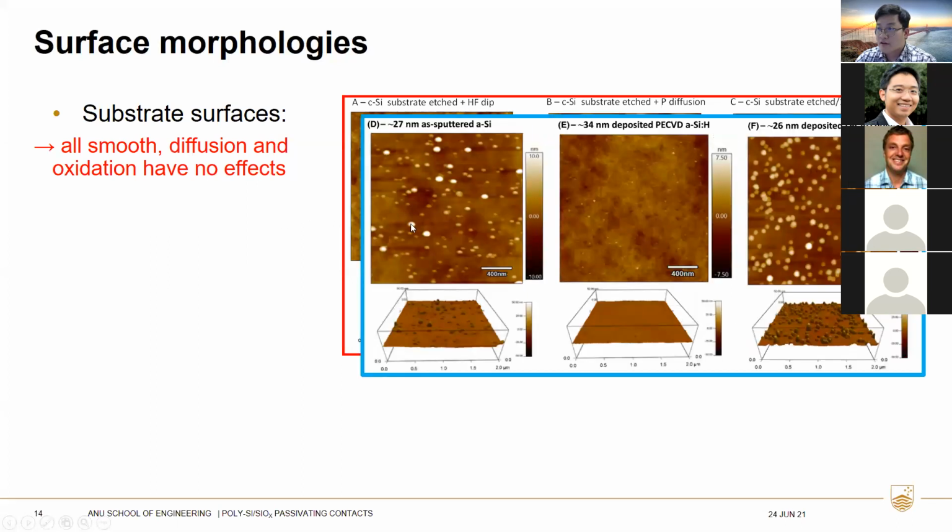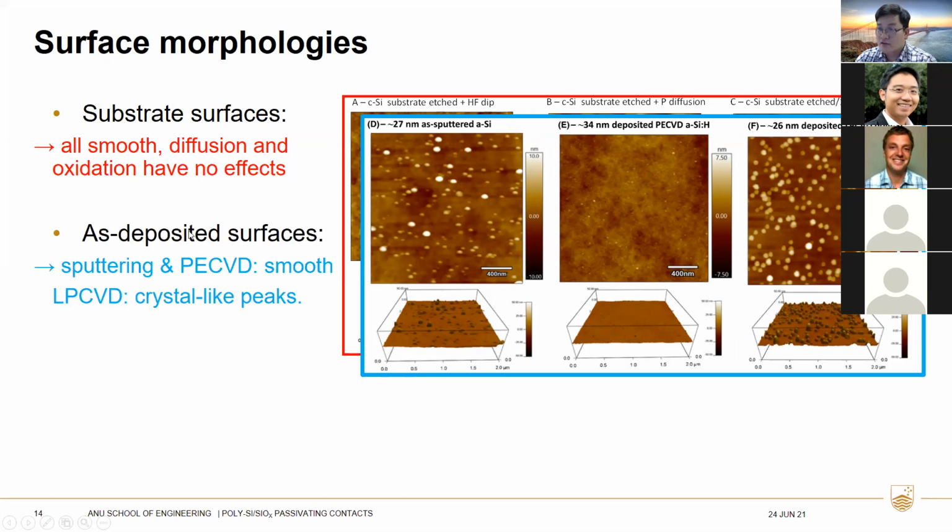Meanwhile, after depositing the silicon film, we see that with sputtering and PECVD, the surfaces are relatively smooth. But on the LPCVD films, we see some crystalline peaks, which indicates there's some crystalline phase inside the LPCVD films.